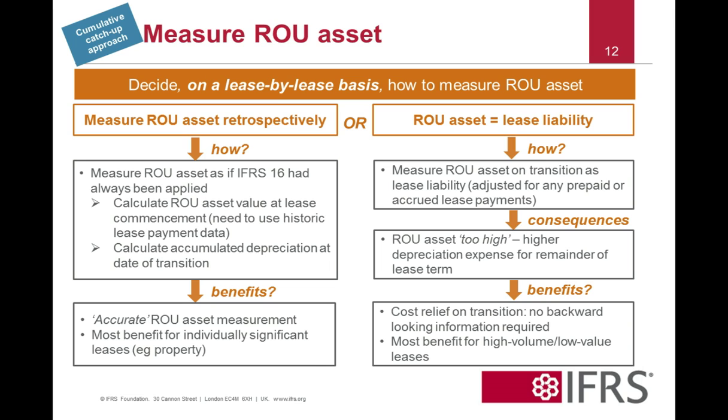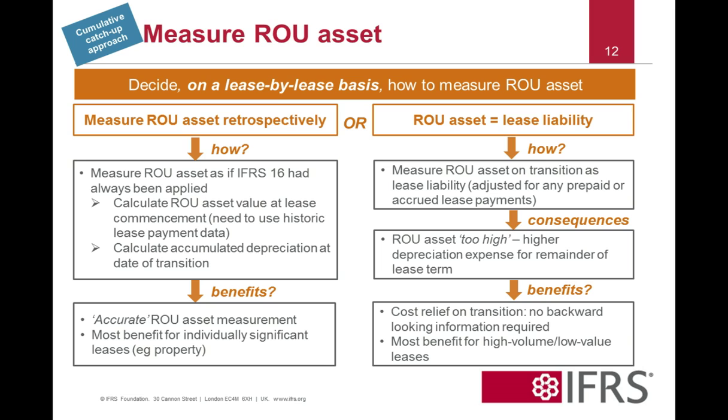For material leases, it's generally going to be worth some extra information capture in the first year in order to make sure that the future P&L charges are the right ones. So I think many will agree that that's true for the really significant leases.